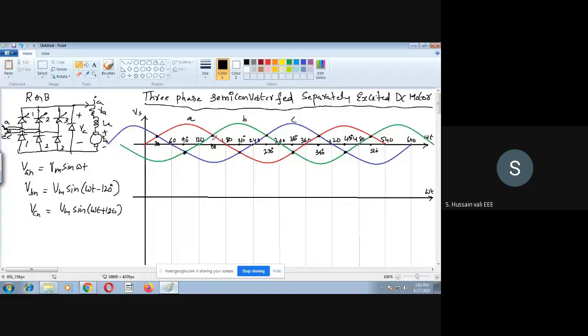So assume that right now the firing angle for all the thyristors is alpha equal to 0. This is one condition you will take. Then what is VA, the output of the semiconverter? Some important thing you will understand here for VA.